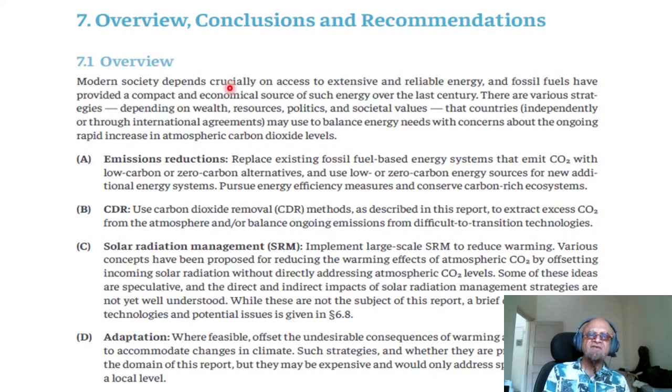So let's read off the overview, conclusions and recommendations. Modern society depends crucially on access to extensive and reliable energy, and fossil fuels have provided a compact and economical source of such energy over the last century. There are various strategies, depending on wealth, resources, politics and societal values, that countries independently or through international agreements may use to balance energy needs with concerns about the ongoing rapid increase in atmospheric carbon dioxide levels.